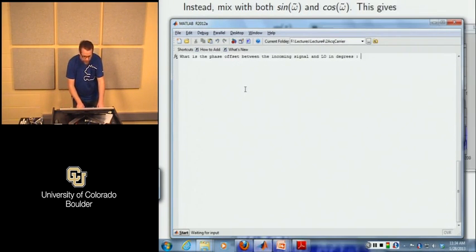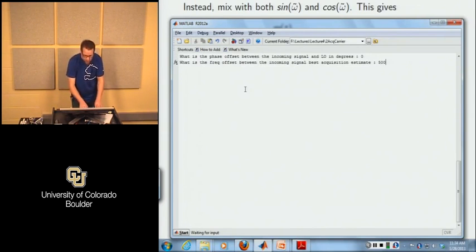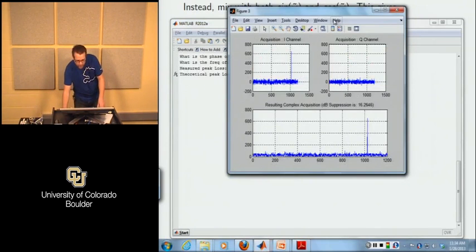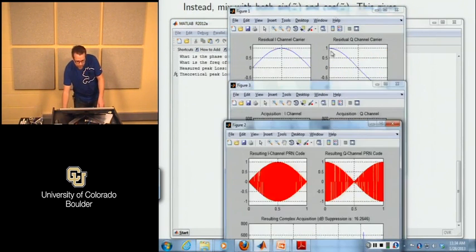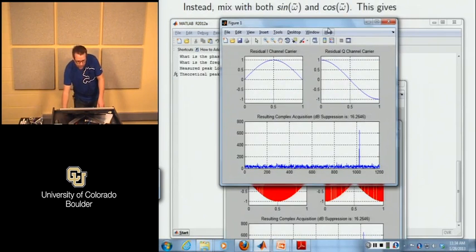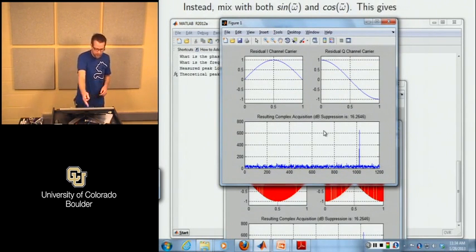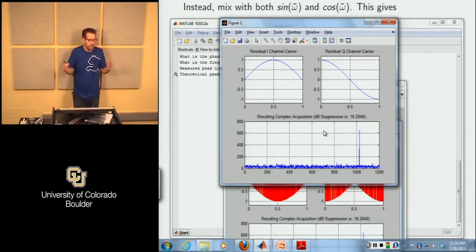So let's try this again. Put the phase in. Let's put it down to 500 hertz difference instead. Now this time it seemed to work. Which makes sense, right? So if we look at the left plot, if we integrate that, half a sinusoid, then we actually get some energy, right?